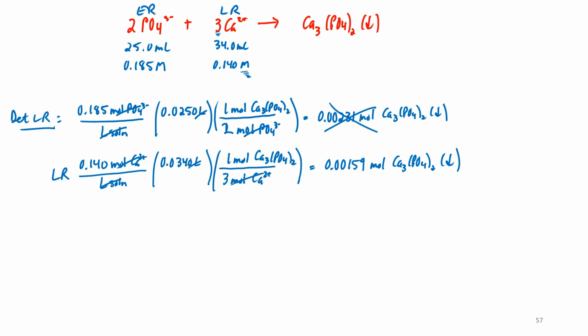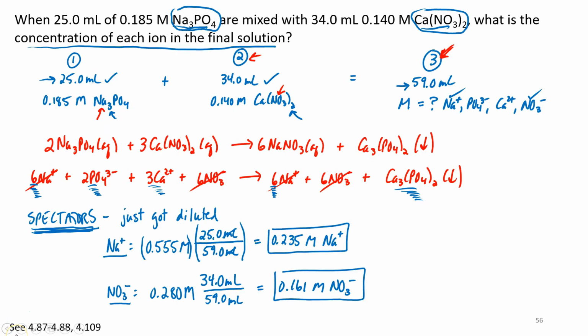So since calcium is the limiting reactant, the concentration in the final solution, and by final solution, I mean this solution here, the concentration of calcium is 0 molar, and that's again because calcium is the limiting reactant. It gets used up in the reaction.